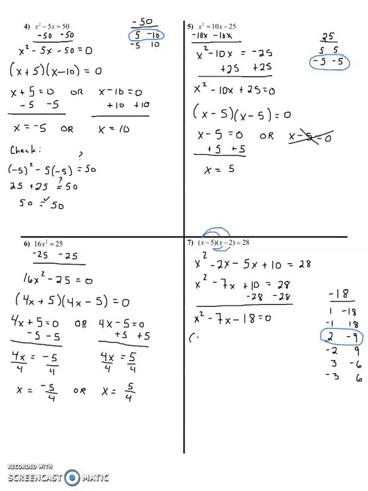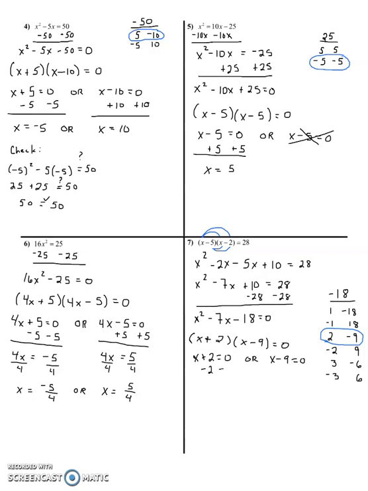So this factors into x plus 2 times x minus 9, and that equals 0. So either x plus 2 equals 0 or x minus 9 equals 0.